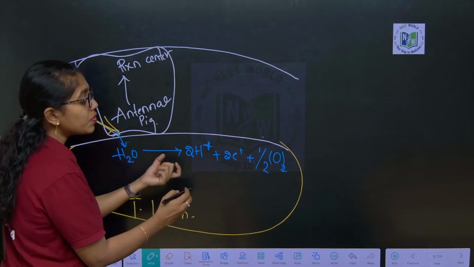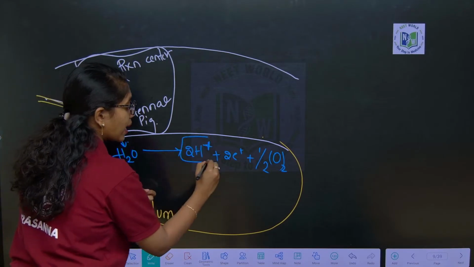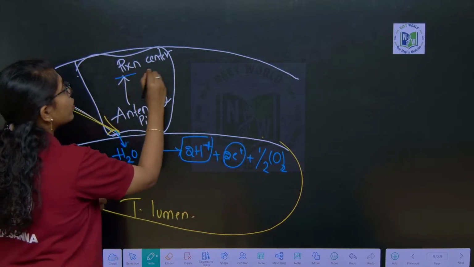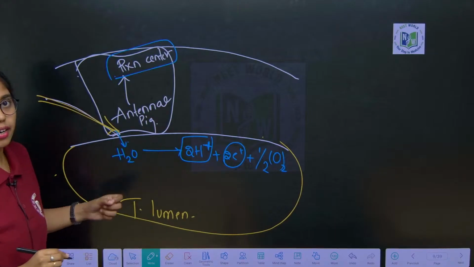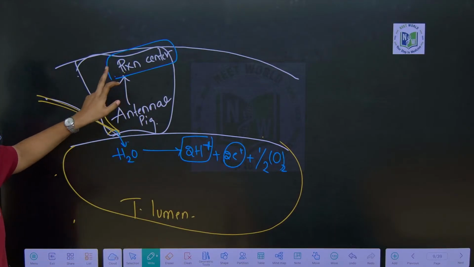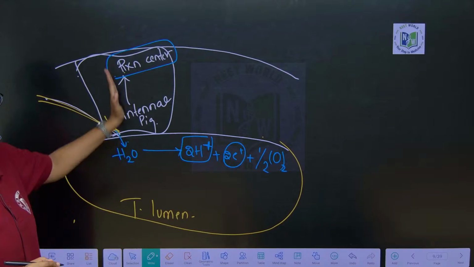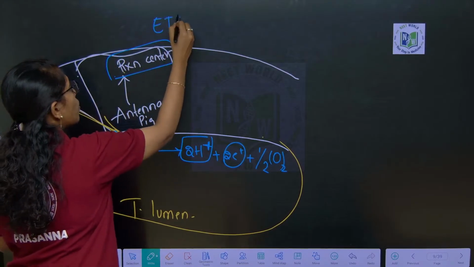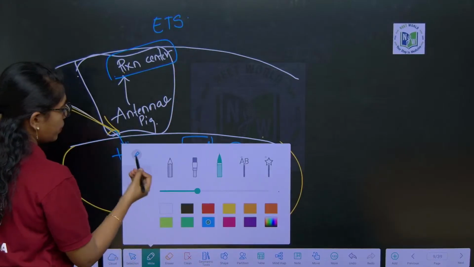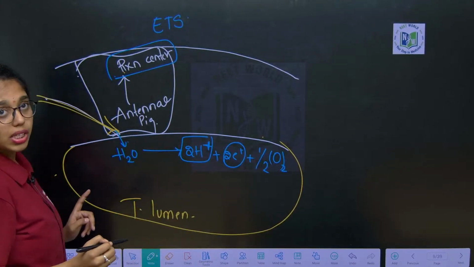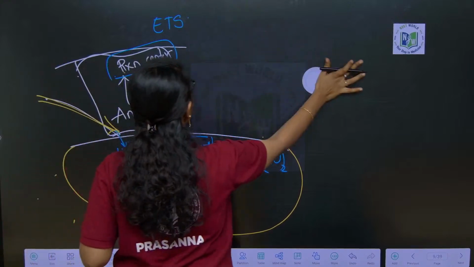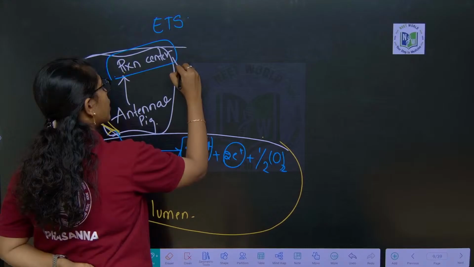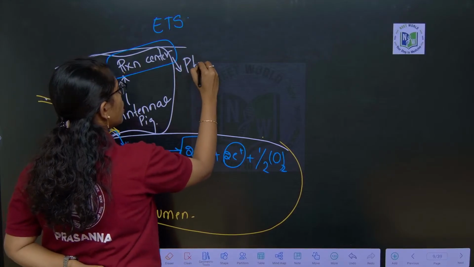The protons formed here will stay back inside the thylakoid lumen, but the electrons get excited to the reaction center. This is an uphill movement, and from here the electron transport system starts. From chlorophyll A, the primary electron acceptor is pheophytin.